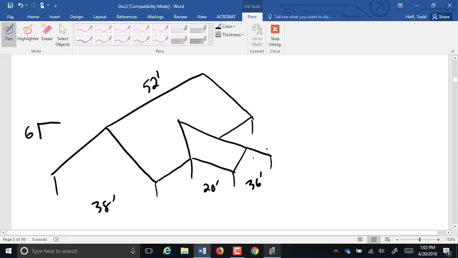This slope here is going to be, well, let's make it a 10/12. Oops, I said 36 feet. This should have been 16, not 36. There. This is going to be a 10/12 slope. Find the roof area.